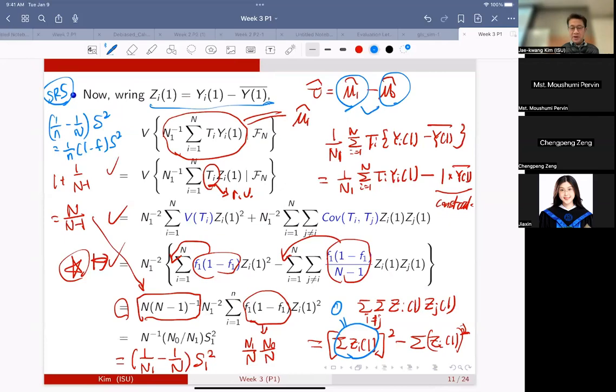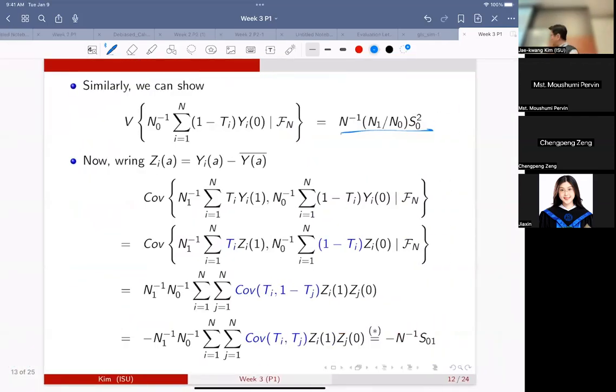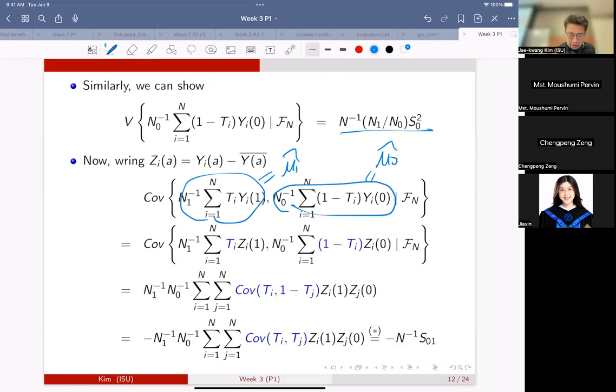So covariance is new, so I like to be careful on deriving. So covariance, see, this guy is mu hat 1. This guy, oops, is mu hat 0. And so you want to compute the covariance. Okay.